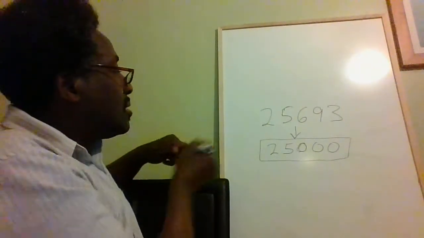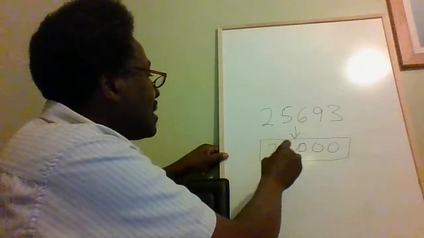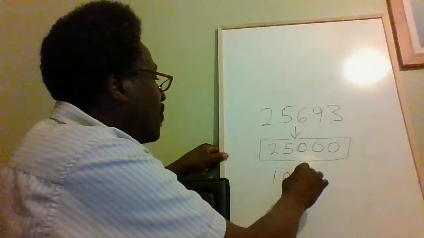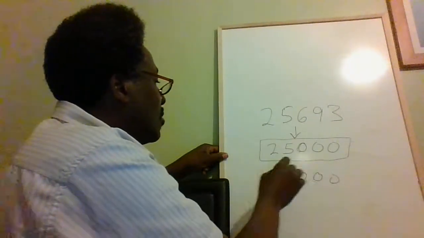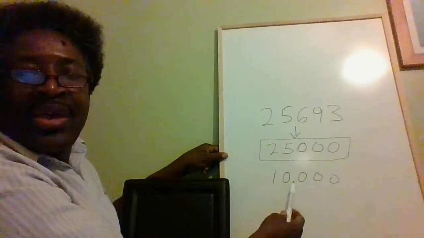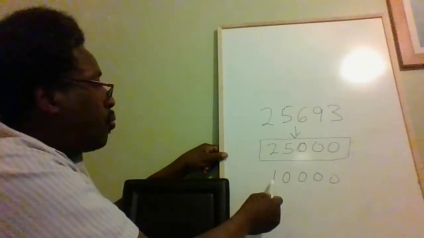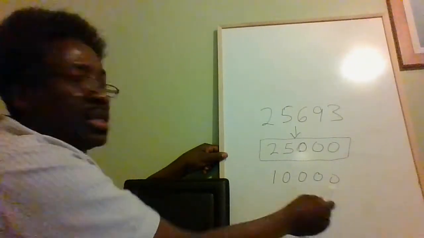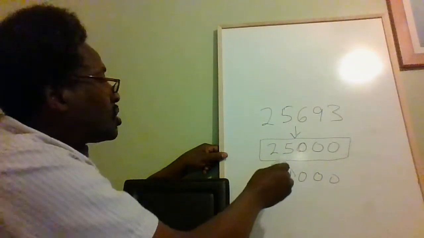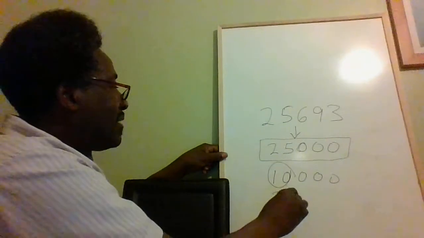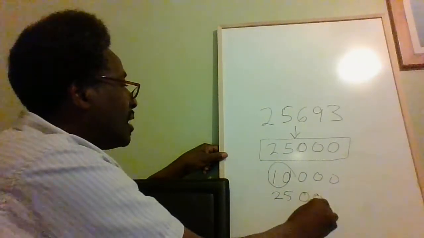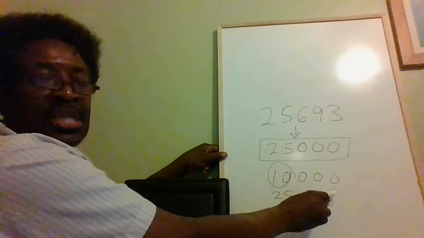Because remember, we had 1 with 4 zeros to be 10,000. Remember our very first lesson. 1 with 4 zeros is 10,000. So 25 with 3 zeros, because 1 with 4 zeros is 10,000.